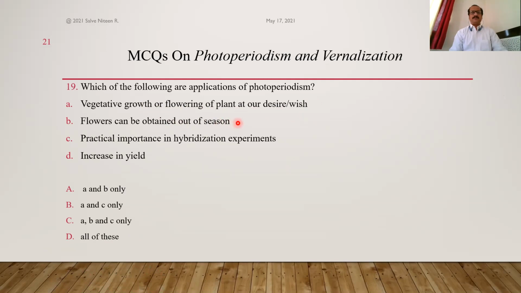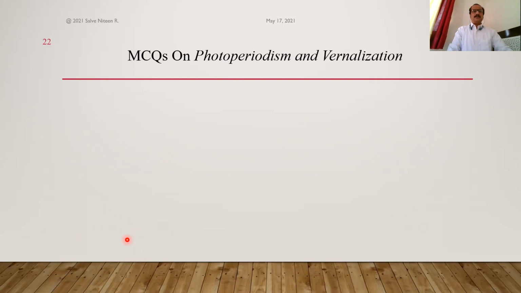Flowers can be obtained out of season, yes, of course. And there is practical importance in hybridization experiments because that hypothetical hormone, florigen, is supposed to travel from one plant to another through grafts. And of course there is an increase in yield. So all of these are the practical applications of this phenomenon called photoperiodism. So D is the right answer.